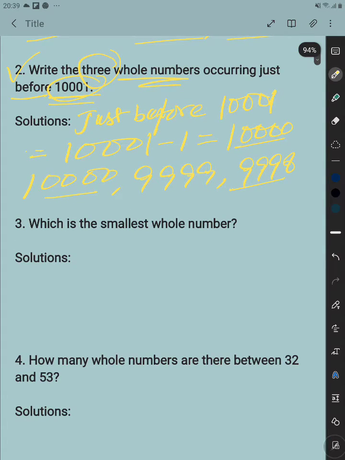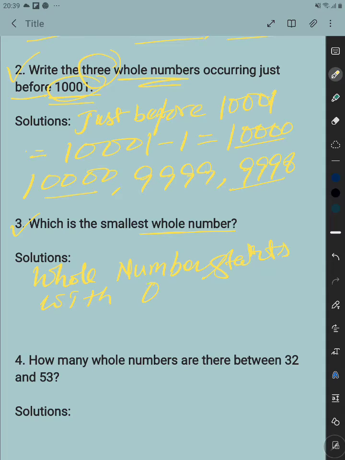Now we will come to question number 3, which is the smallest whole number. We are talking of the whole number, not natural number. Natural number starts with 1, and whole number starts with, what is it?